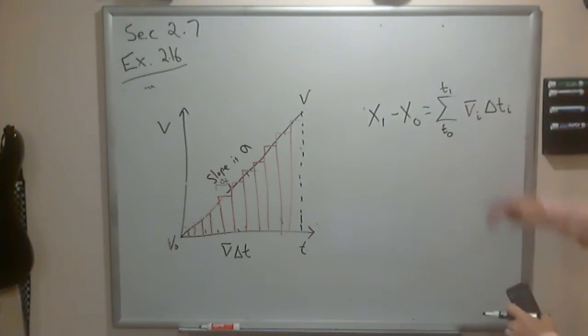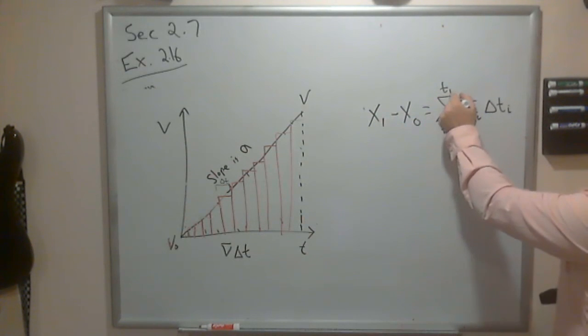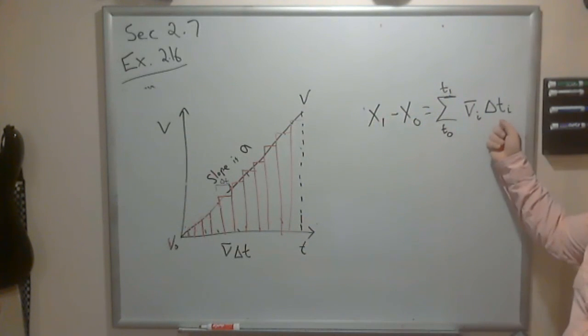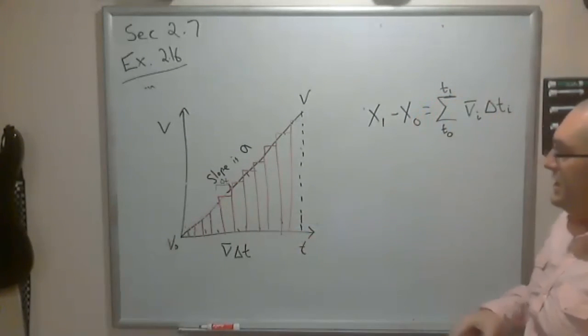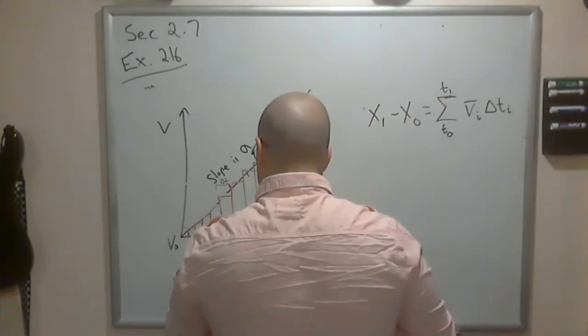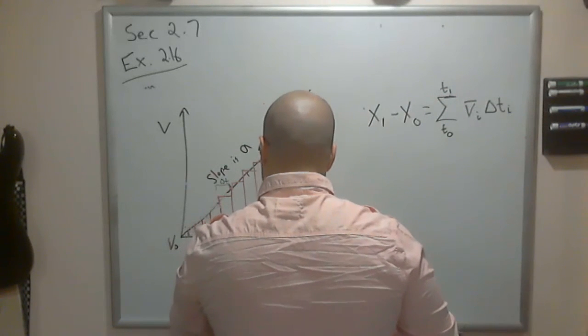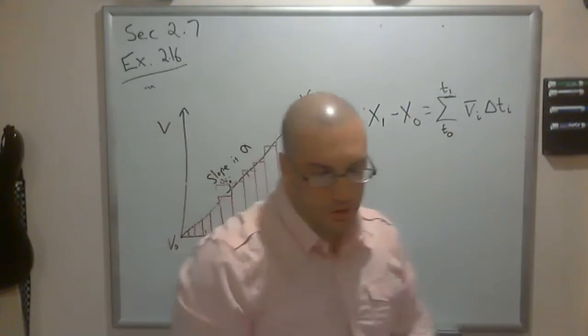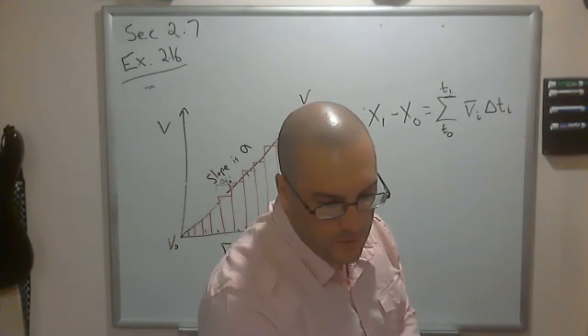And we have a summation over here. So all this is saying is that we add up the average velocity times this delta t at each one of these positions. And then you can approximate it and go that way.